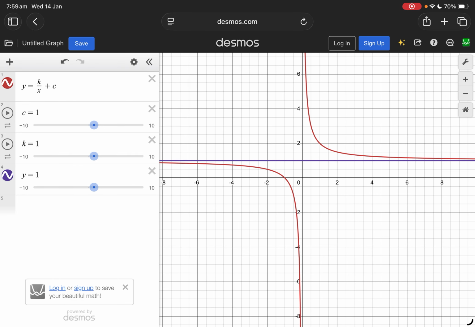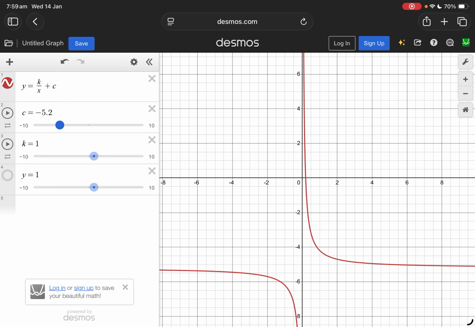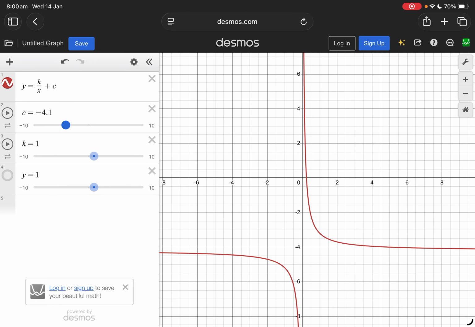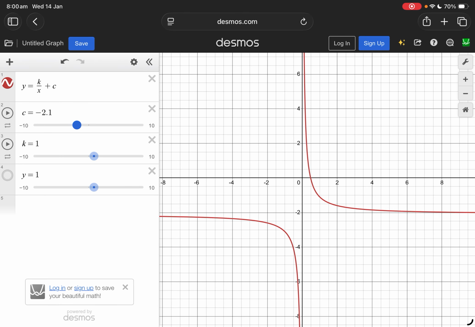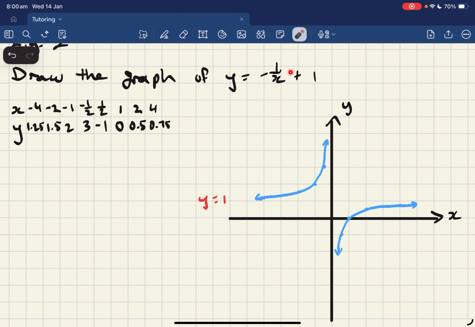If I shift this down, my asymptote just moves. So here my asymptote is at -5. Here it's at -2. So I'm shifting my graph up and down with this extra thing that's getting added at the very end. So this is contributing to my graph getting shifted up.